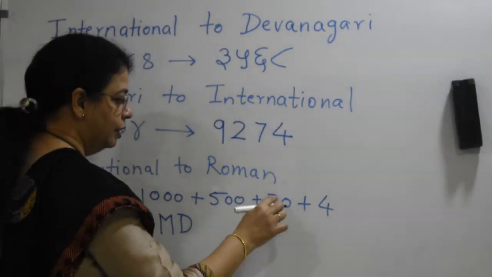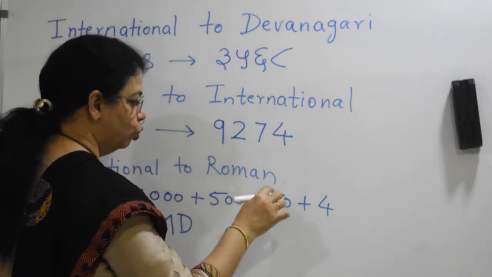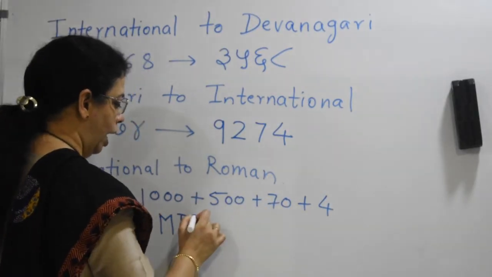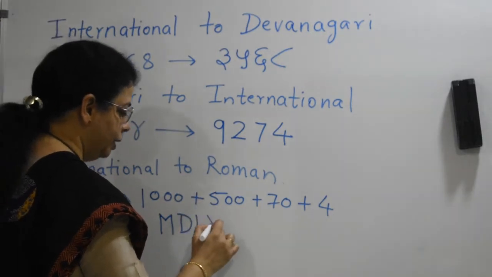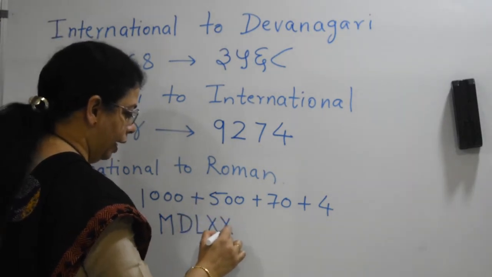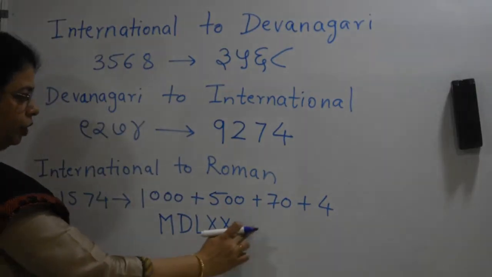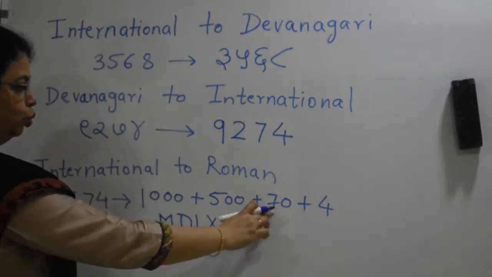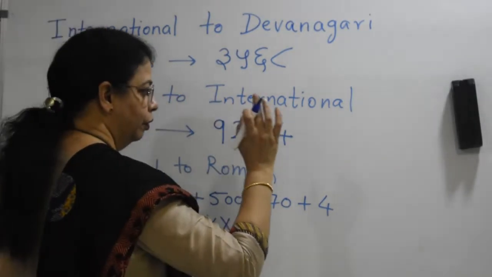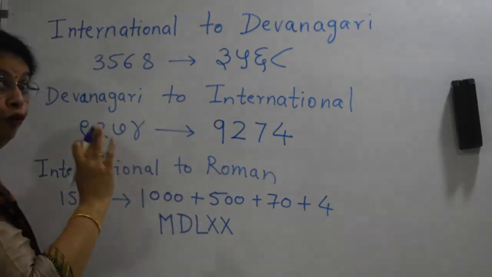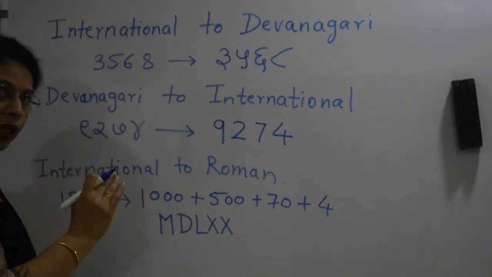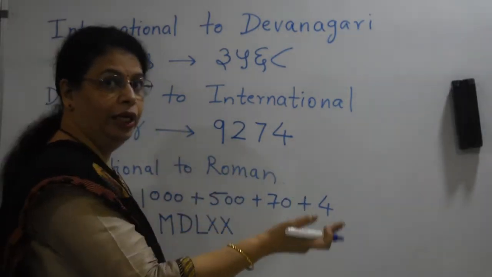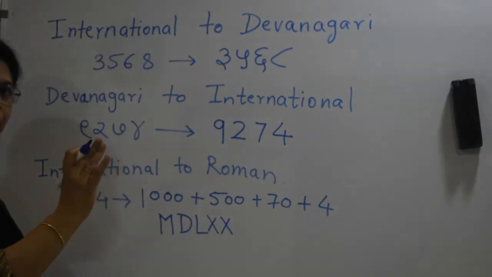70 is close to 50. So I have to take 50 plus 20, meaning 10 and 10. Remember what I have done here. 70 is close to 50, which is the letter L. 50 plus 20 I need to do, but for 20 we don't have a separate letter.